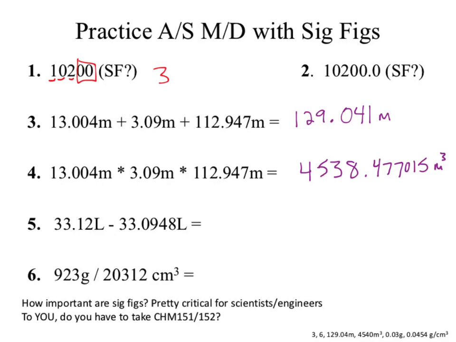The last 2 are placeholders, so they don't count. Question number 2, everything's a sig fig, which I believe is 6 sig figs, every single one of them because that decimal point is what identifies and keeps everything locked down.